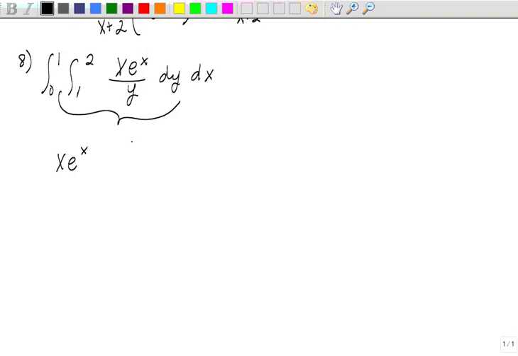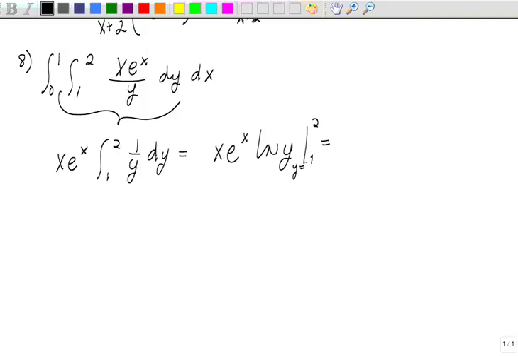I'm just integrating 1 over y, which is ln y. I don't need absolute value again because I'm going from 1 to 2, so I know y is positive. These are y values because it's dy. So I have x e to the x times (ln 2 minus ln 1). ln 1 is 0, so this is just x e to the x ln 2.